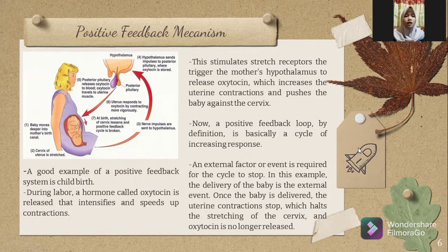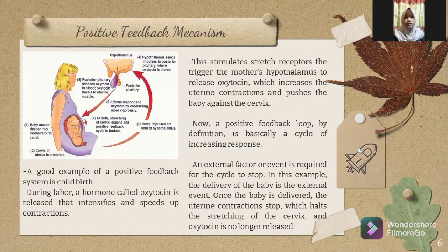During labor, a hormone called oxytocin is released that intensifies and speeds up contractions. This stimulates stretch receptors that trigger the mother's hypothalamus to release oxytocin, which increases the uterine contractions and pushes the baby against the cervix.